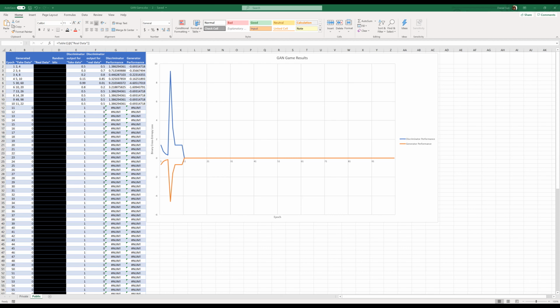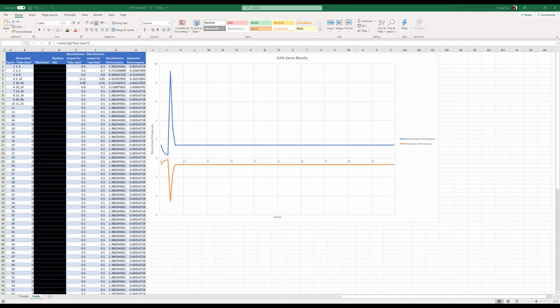Eventually you can see that the discriminator fluctuates for a while, but by epoch number 7, the discriminator has learned what the rule is as well. But since the generator also knows the rule and somehow knew the rule from the very beginning, how did you know the rule from the very beginning, or did you just guess?